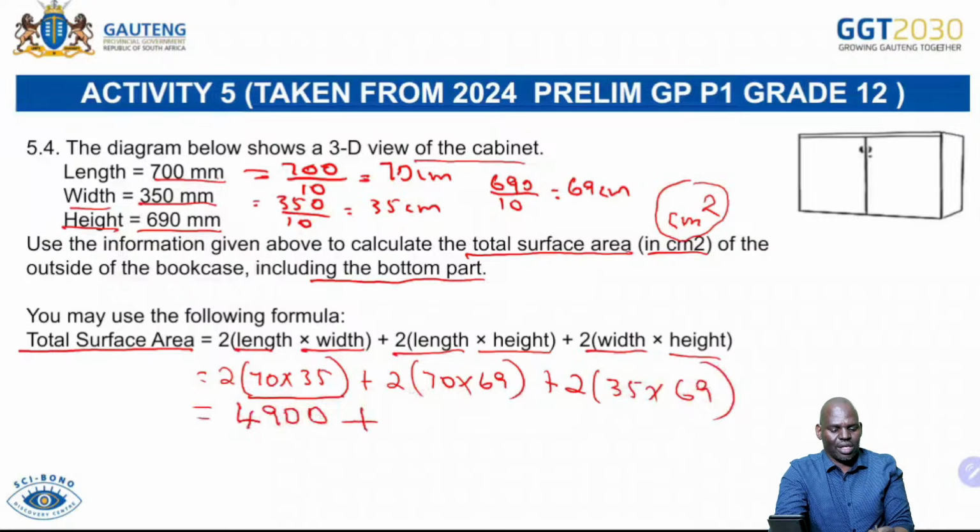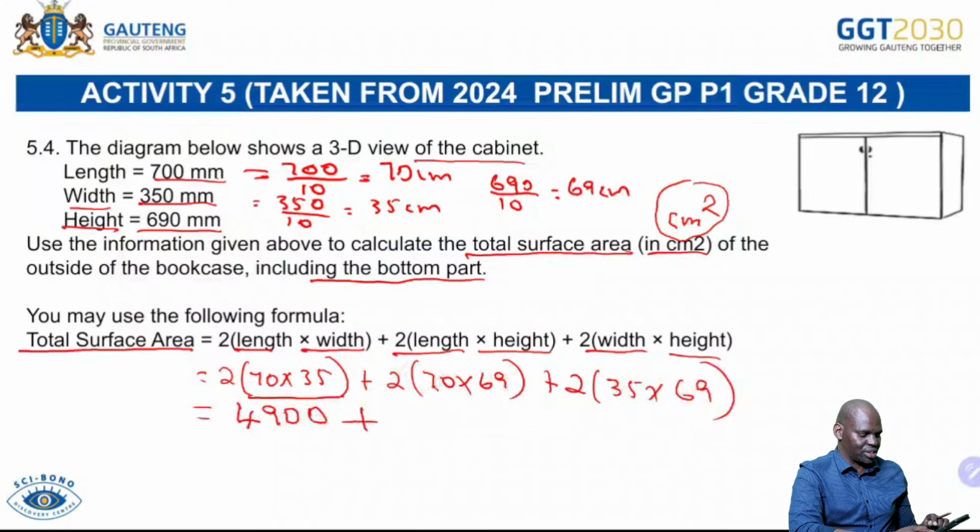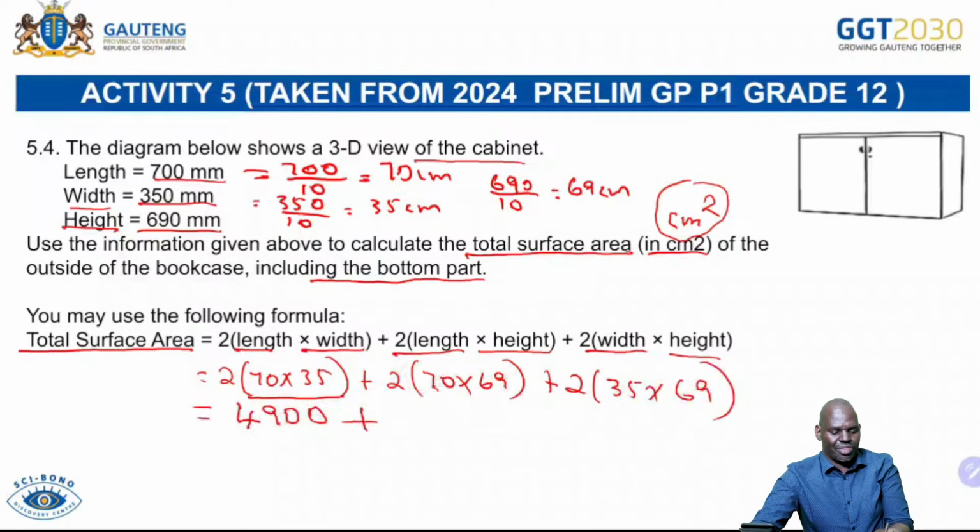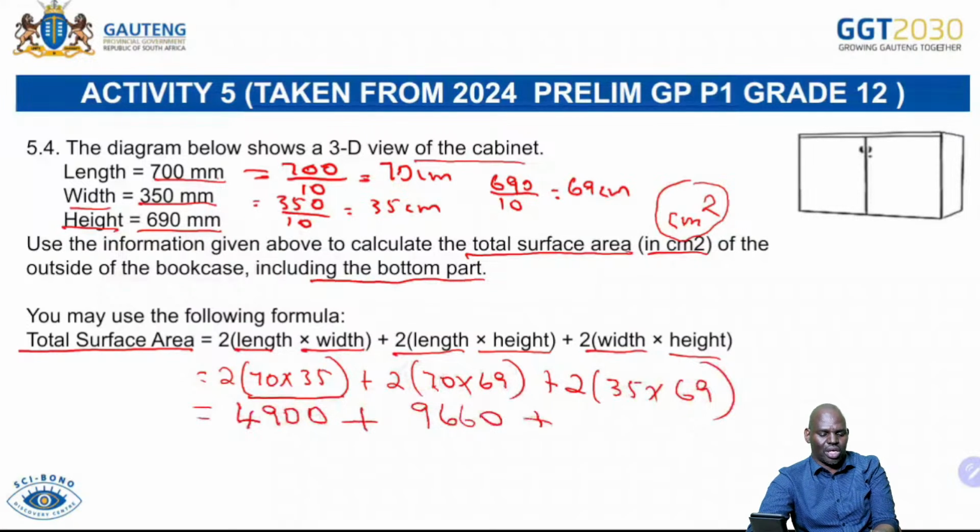The second part is 2 times 70 times 69. If I start with the ones in bracket, I say 70 times 69, then I get 4,830, then I multiply it by 2, then I get 9,660. I hope you are also using your calculator there to check if my calculations are correct.